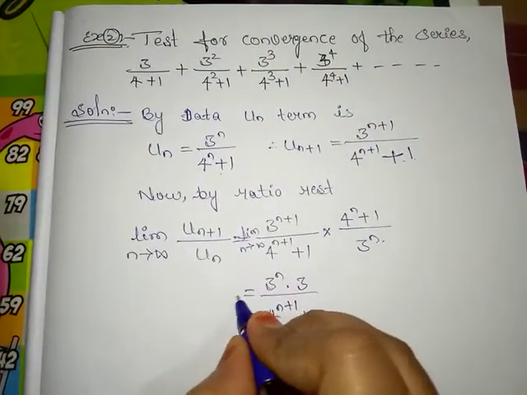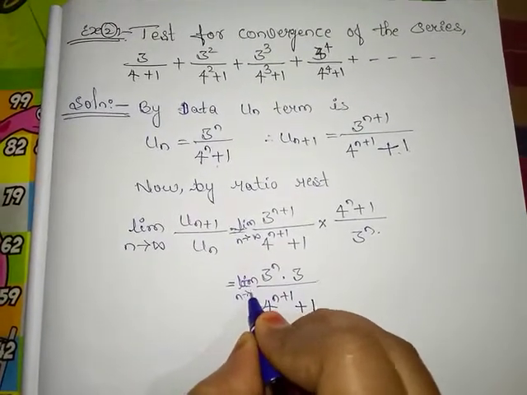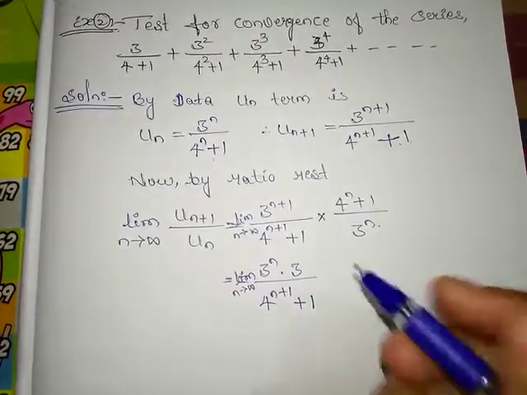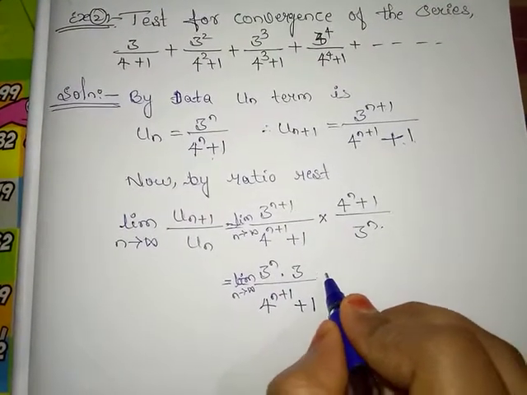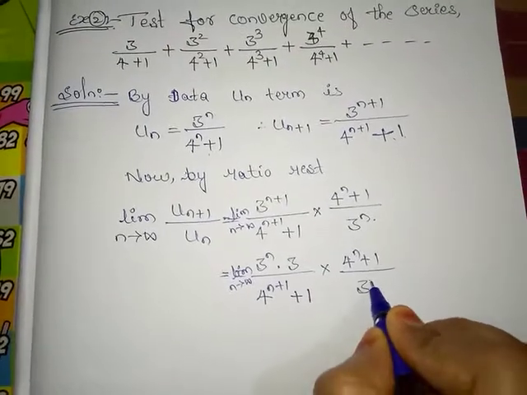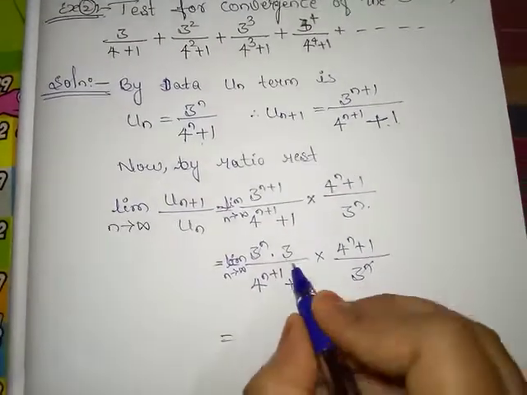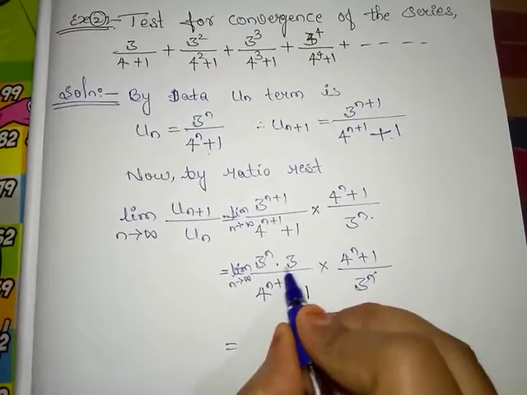This is also equal to limit n tends to infinity, 3 raised to n into 3 divided by 4 raised to n plus 1 plus 1, into 4 raised to n plus 1 divided by 3 raised to n. This 3 raised to n cancels with this one. If you want, take this 3, which is a constant, outside the limit.